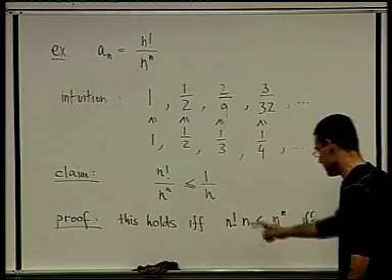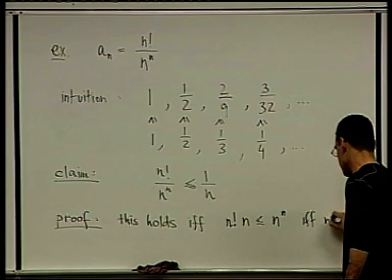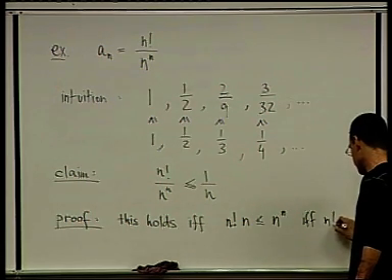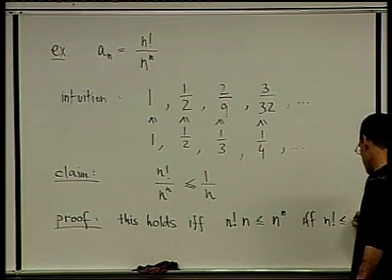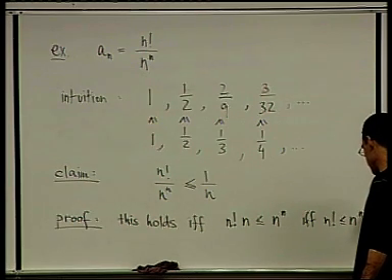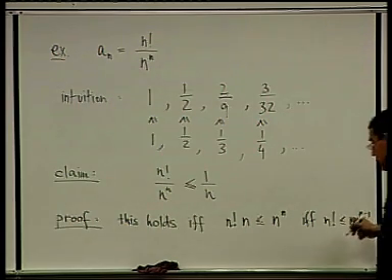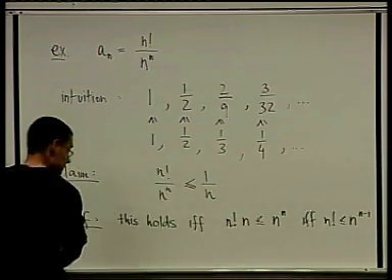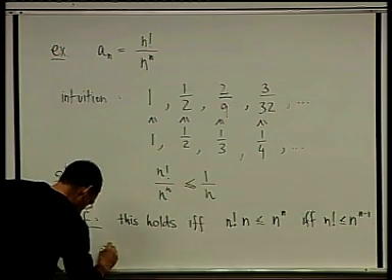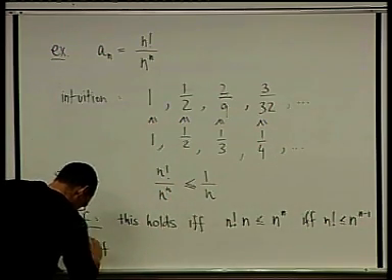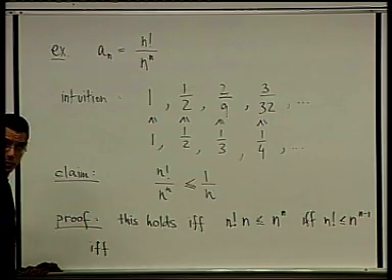Now I can cancel out one of the n's. So n factorial is less than or equal to n to the power n minus 1. Do you agree? And this holds if and only if. And now I'm going to do exactly what you suggested.